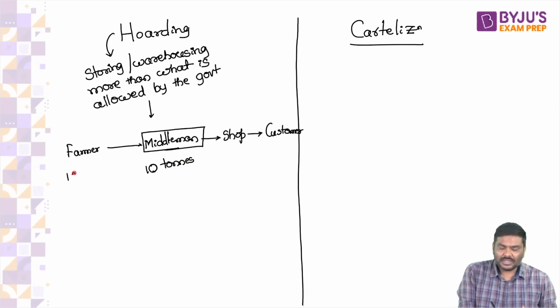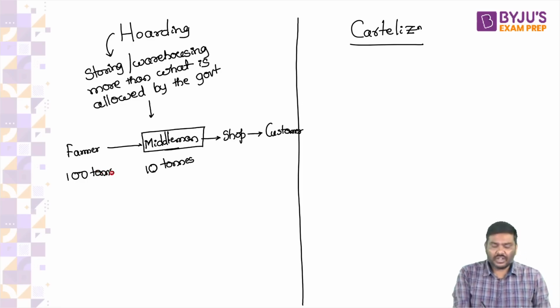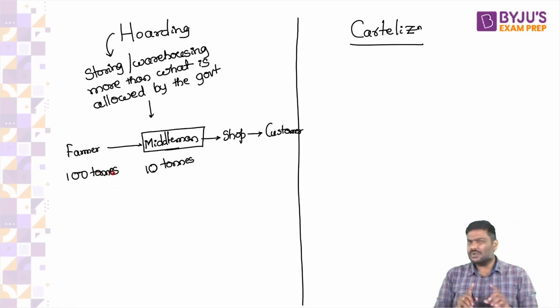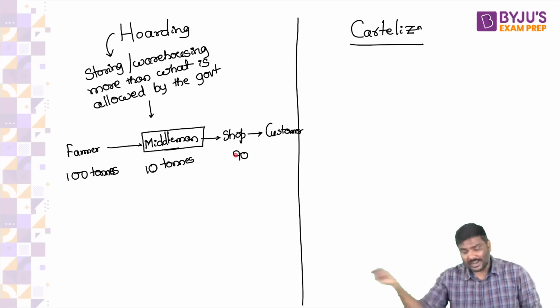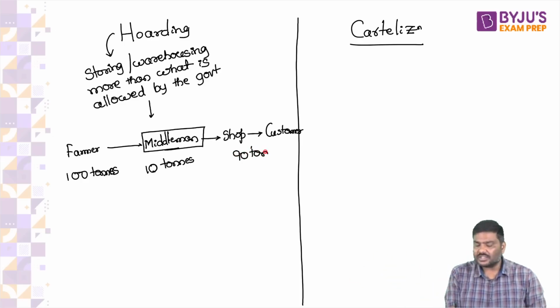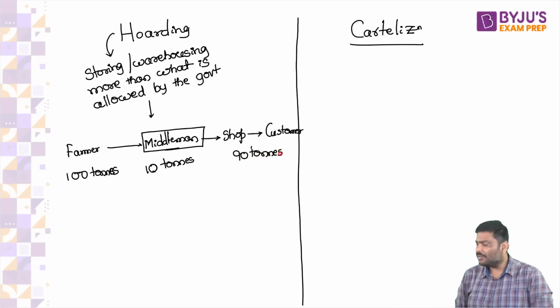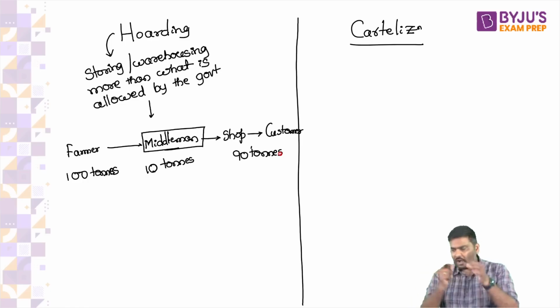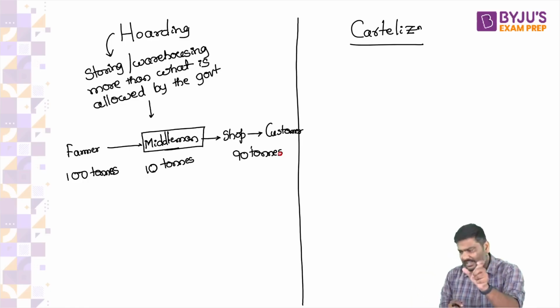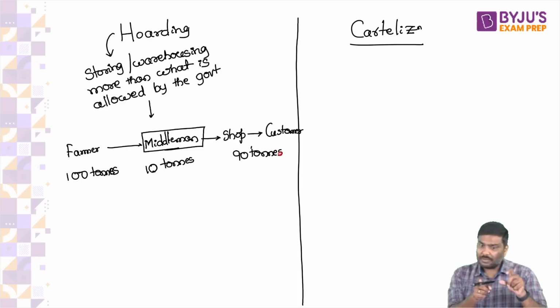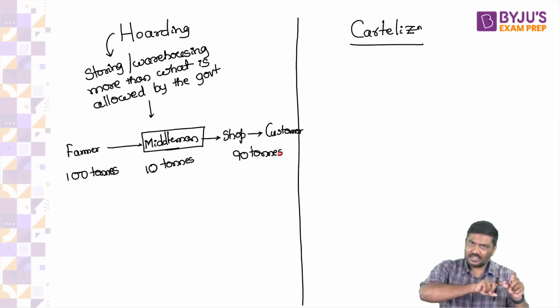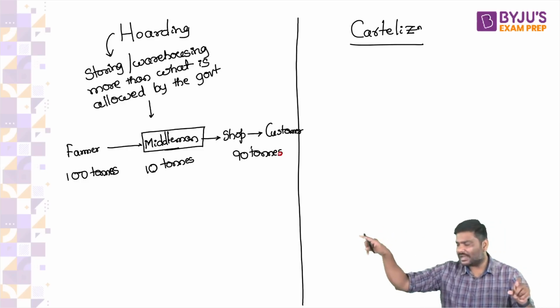Imagine from the farmer, the middleman will purchase 100 tons. If the trader is allowed to store maximum 10 tons, can I say to the market, 90 tons of rice will come? Any problem here? If the government has a limitation of 10 tons imposed on the middleman, and if the middleman will purchase 100 tons, then the 90 tons has to come to the market.